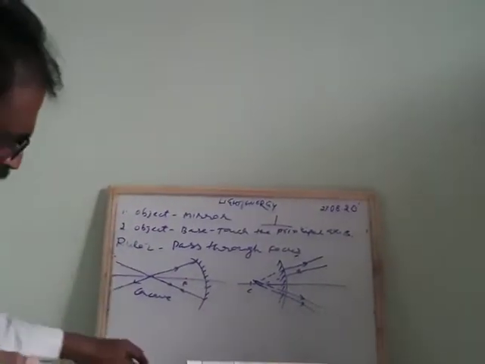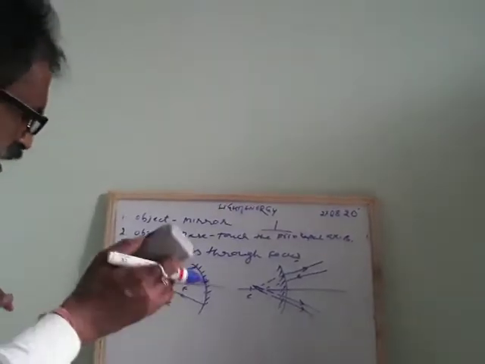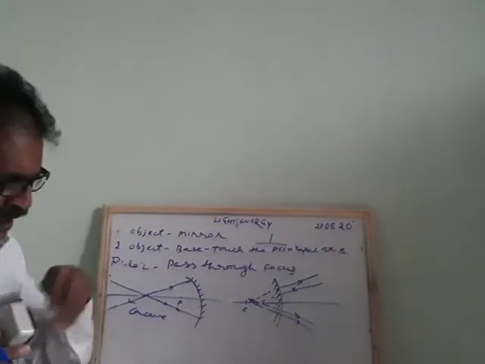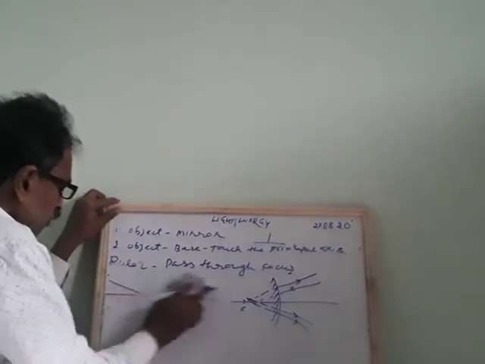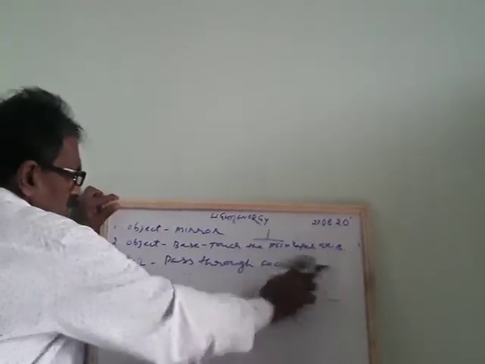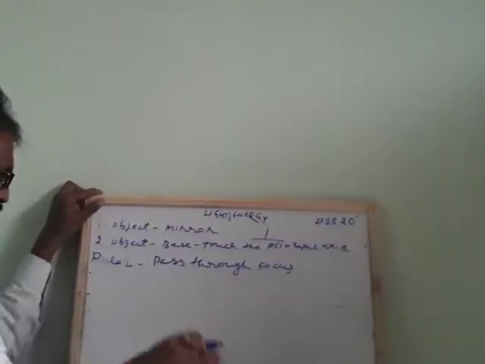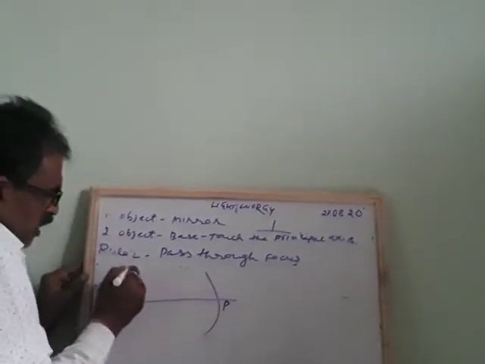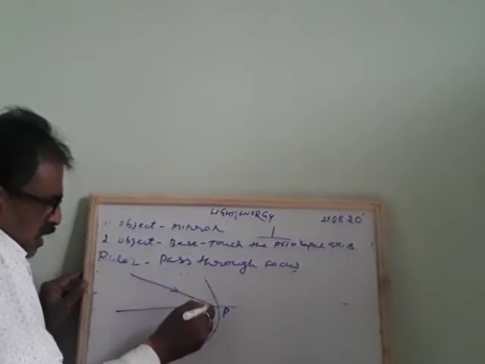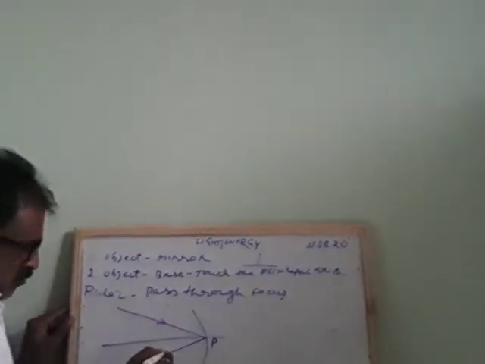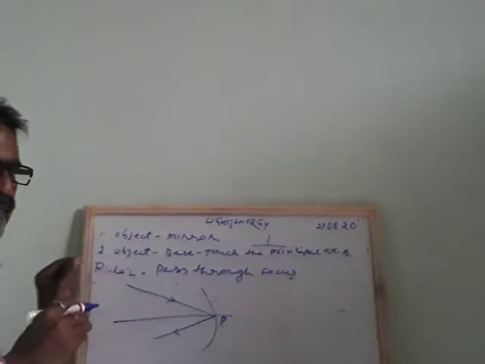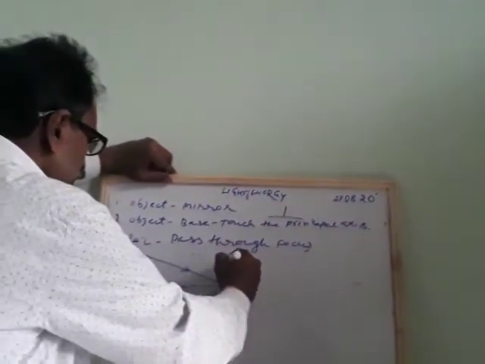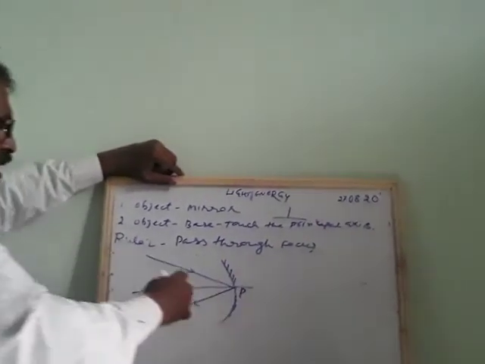One more rule is what happens when the ray is incident on the pole. When the ray touches the pole, okay, this is the pole. When the ray falls here, it will return back. It makes equal angles and returns back. In the case of concave mirror, it returns back.